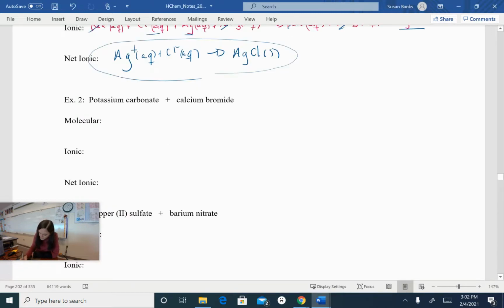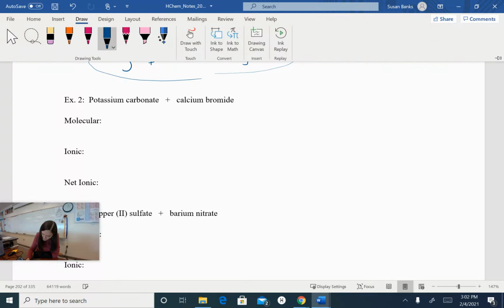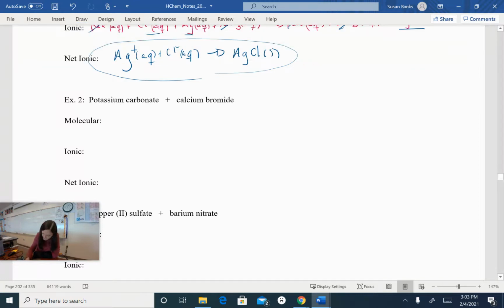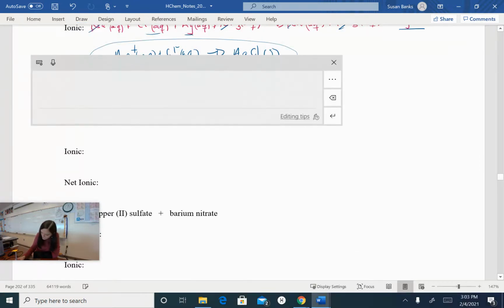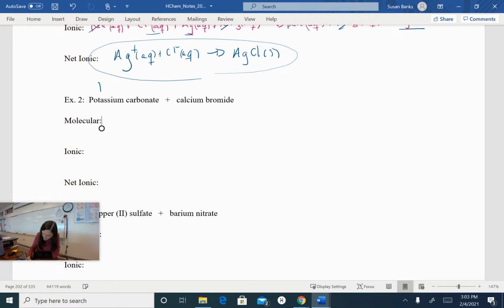Okay, so we're going to have, let's start another color. Let's just go down the list. So potassium +1, carbonate -2, calcium +2, and bromine -1. Okay, so now we need to figure out our relationships.